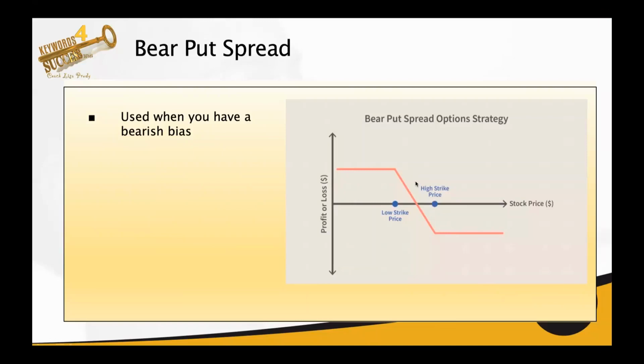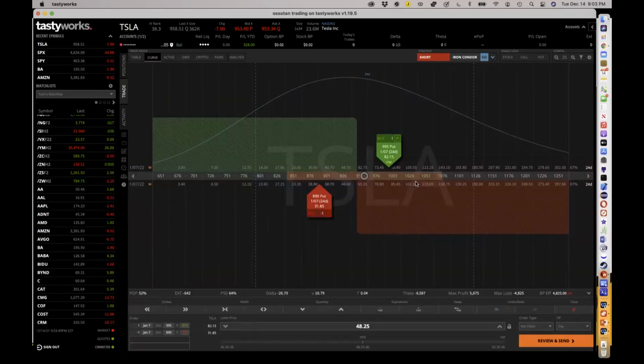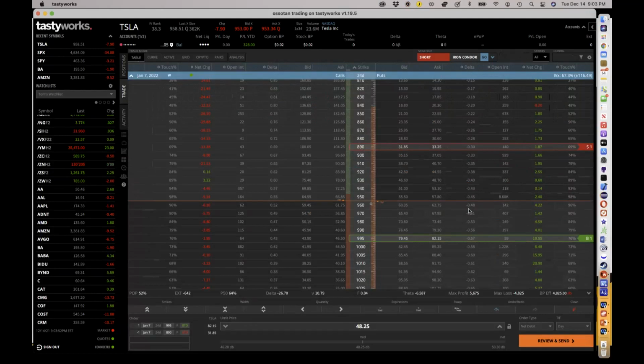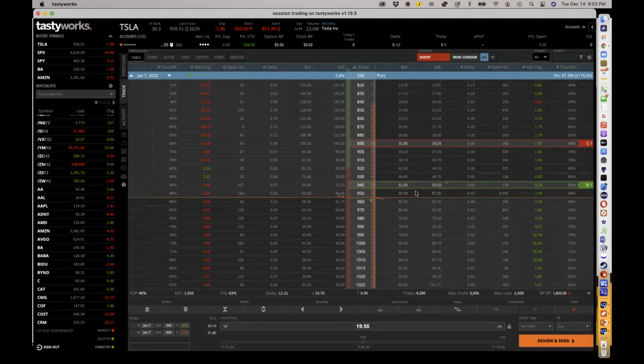So when you say bear put spread, what is the difference between a credit put spread and a bear put spread? Are they the same? No, a debit put spread is not the same as a credit put spread. This here is a bull put spread because I'm long and short.